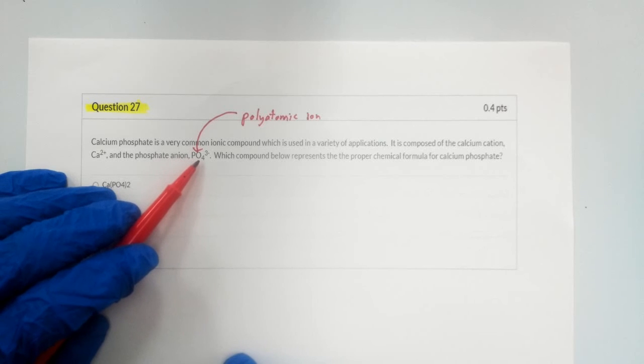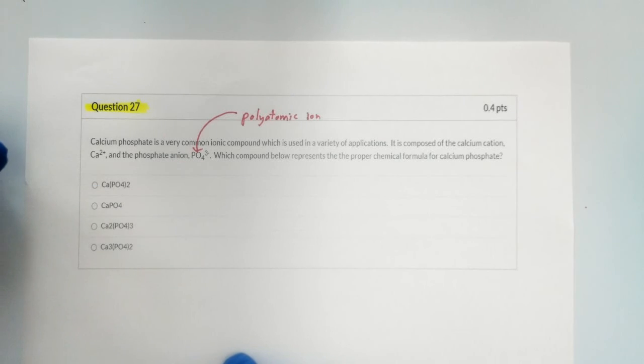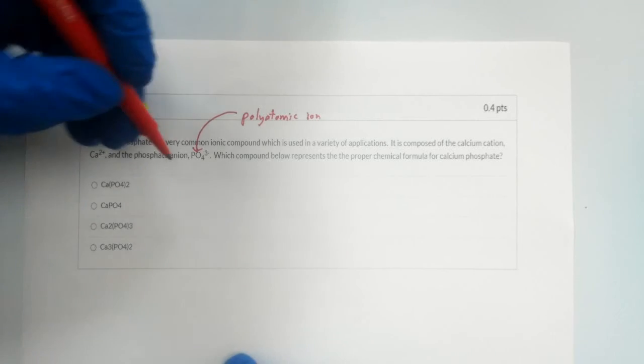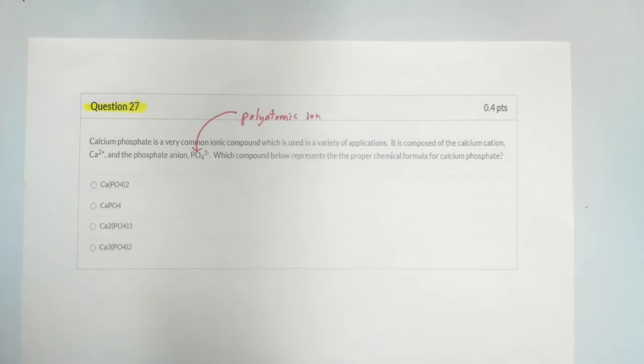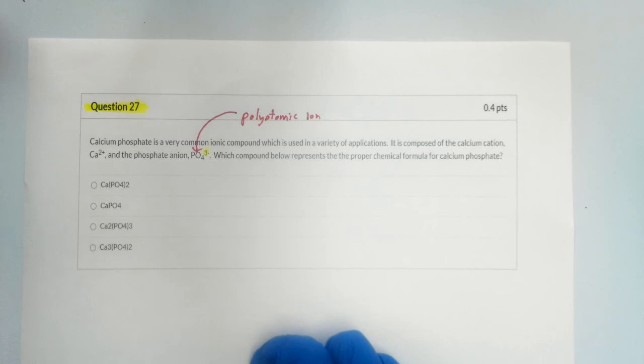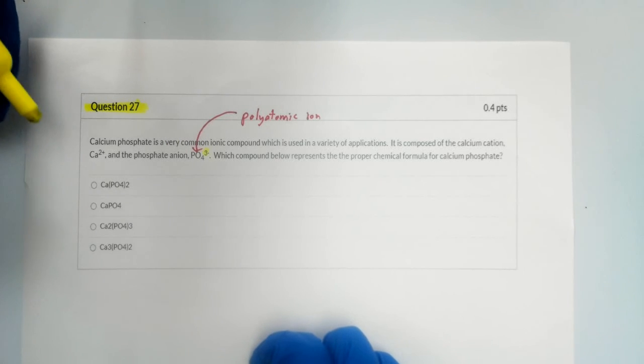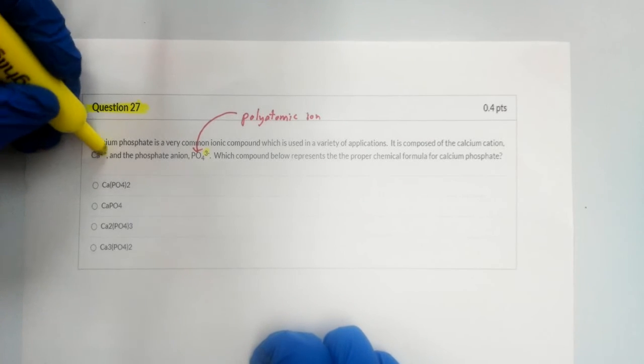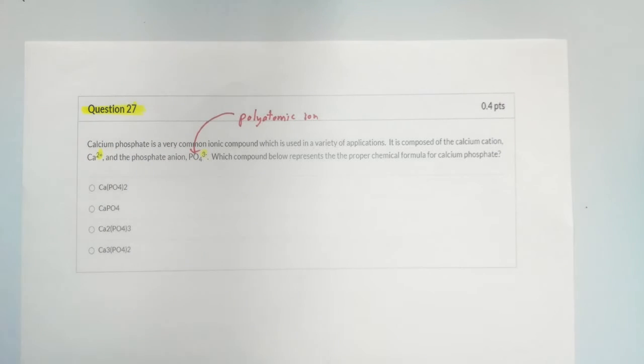There's 4 oxygen atoms, so there's more than one atom involved in this ion, so it's called polyatomic. But the overall charge on this polyatomic ion is 3 minus. And you've already been told that calcium, and we figured this out a while ago, has a charge of 2 plus. So you've got to figure out a ratio in order to make these add up to 0.